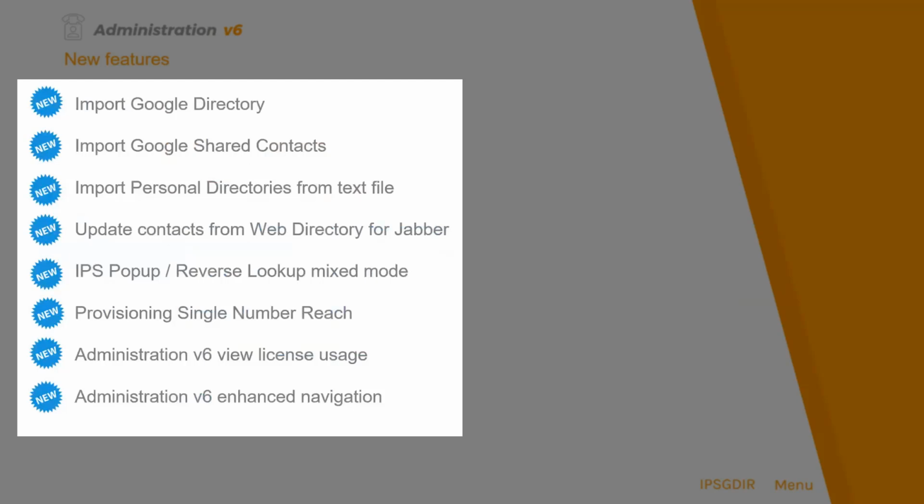You can update contacts. Within our IPS Popup reverse lookup, we can use a mixed mode or CTI and ECCP. You can provision single number reach now. And with the admin, you have the license usage, and also enhanced navigation for all of the products within our suite.